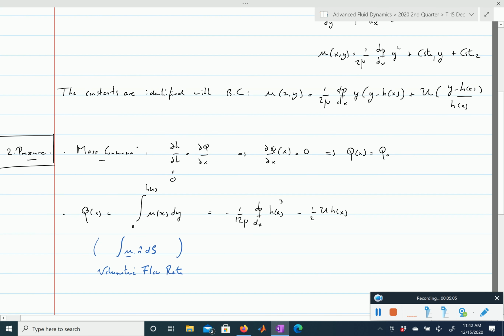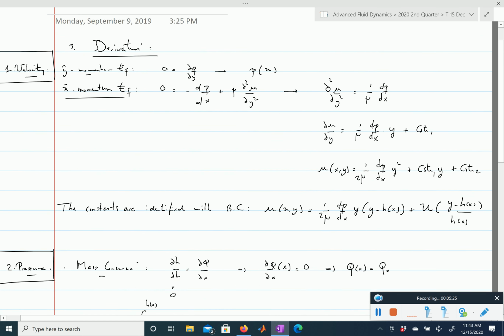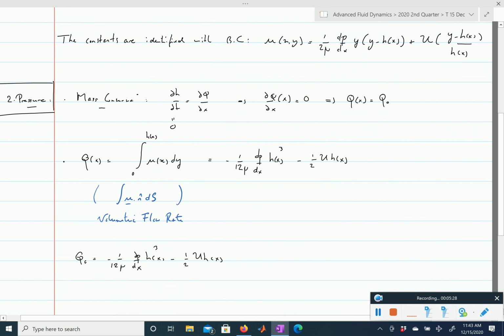So now this is going to be equal to, we're imposing the mass balance. So this term, which you see as a function of x, is actually going to be a constant. It's going to be equal to Q0. And so we can invert this relationship to express dp/dx as a function of Q0 and h. You can do that really quickly, and you find that Q0 is equal to this expression, from which we can extract the pressure gradient.